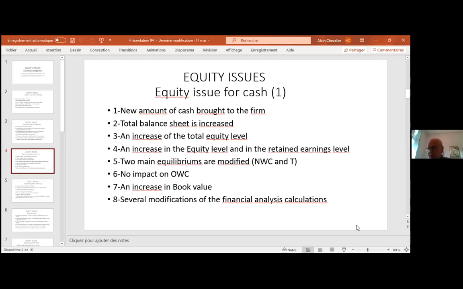And of course, the total of the balance sheet is increased by the total amount of this issue. And if you increase at the same time the total level of equity and the level of cash, without making any kind of calculation, you understand that it is generally analyzed as a positive decision.